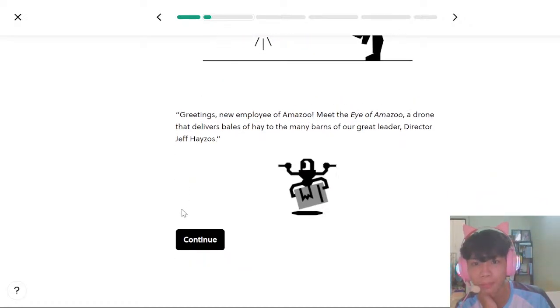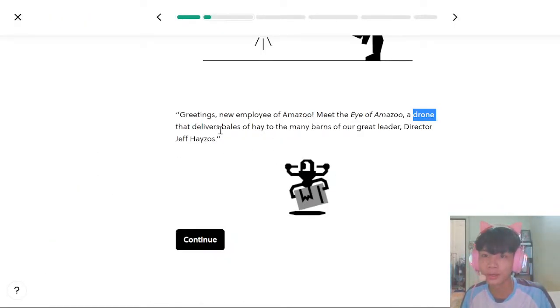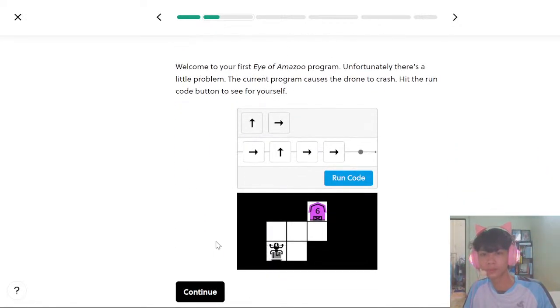Greetings, new employee of Amazon. Meet the Eye of Amazon, a drone that delivers bales of hay to many barns of our great leader, director Jeff Bezos. Welcome to your first Eye of Amazon program.